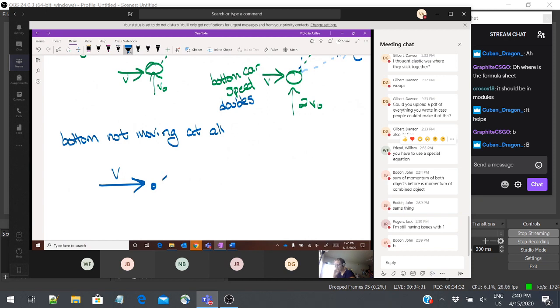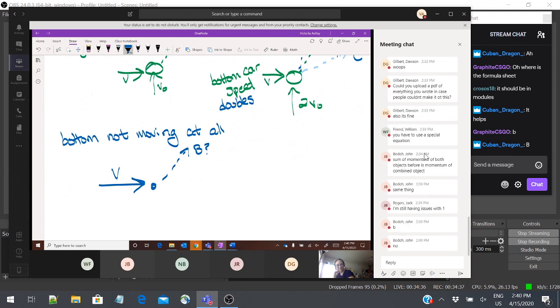Is it still going to go in this same direction? No. So clearly what the bottom car is doing will have an effect on what they do combined when they stick together. So in this case, where the bottom car is not moving, its new path is just going to be straight this way, right?